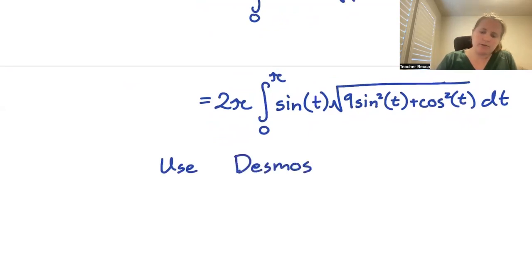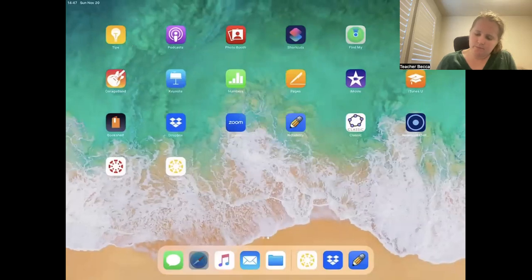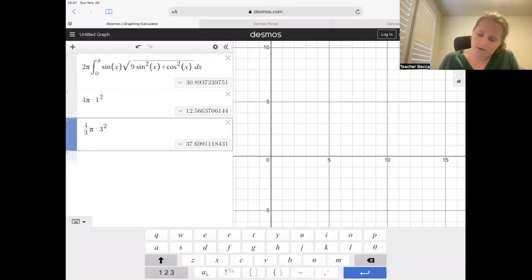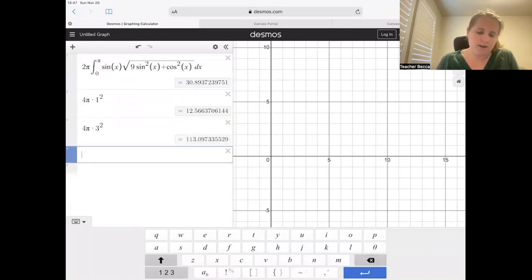And if I switch over to decimals, here I have my definite integral plugged in, and I have also calculated the surface area of the sphere of radius 1 and surface area of a sphere of radius 3.